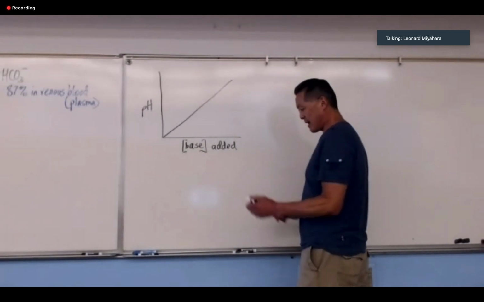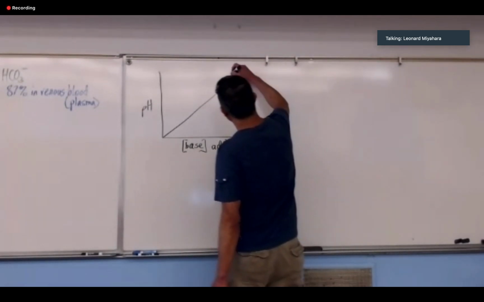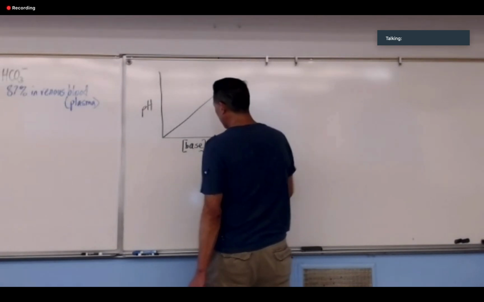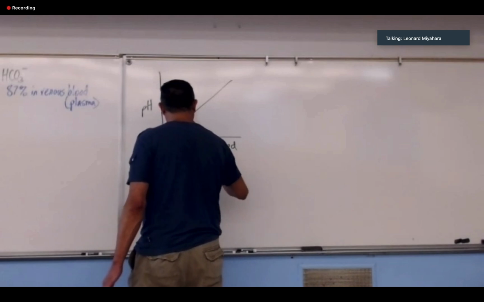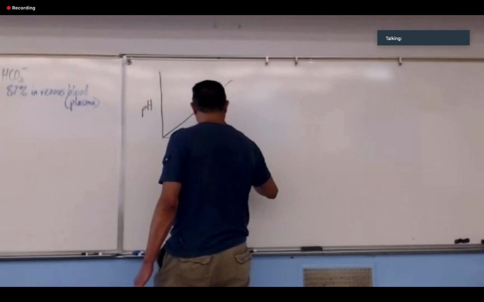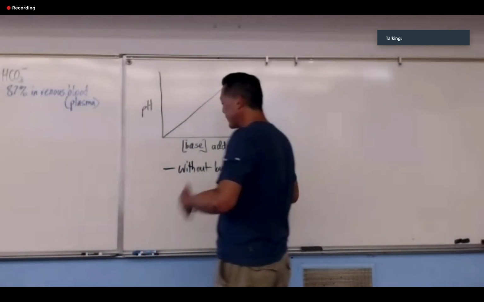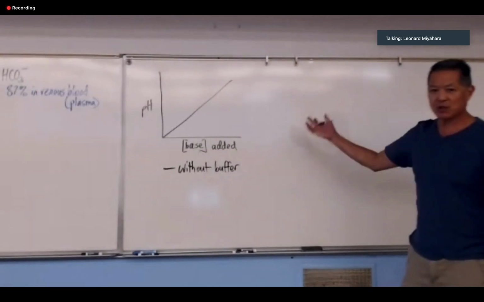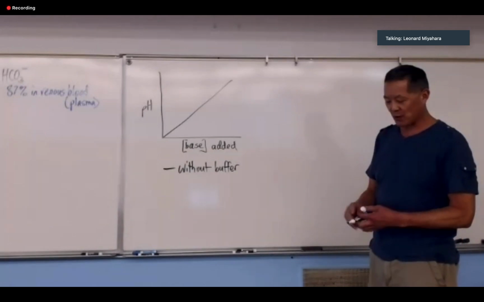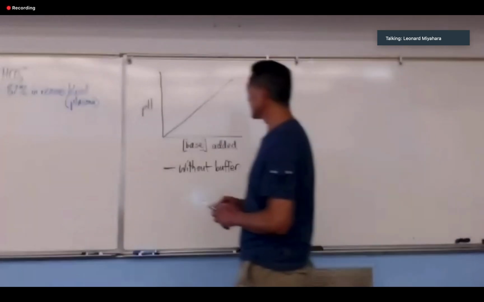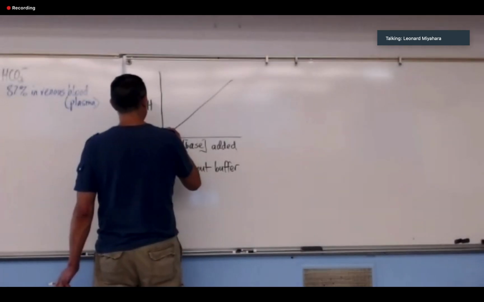Now, if you don't have a buffer, this graph is going up linearly. You just add base, pH is going up in a straight line. Now look at that graph on the bottom of the slide. It looks like this.